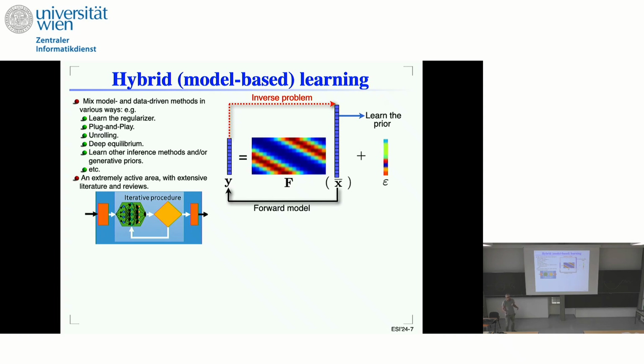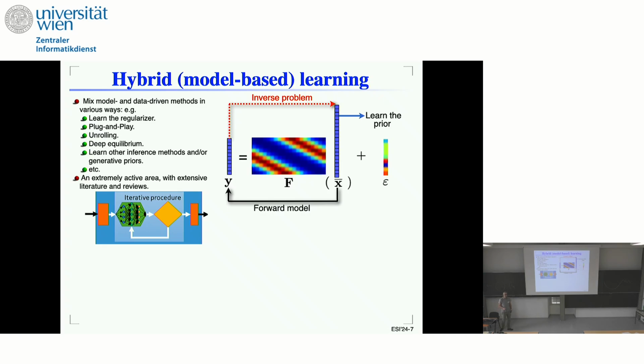You can see it also as an optimal control problem, different points of view. And either you learn the regularizer explicitly, the function itself, or you can learn it in some implicit way. So for instance, you can learn the projector, the proximal operator. So these are what people are now calling plug-and-play approaches.